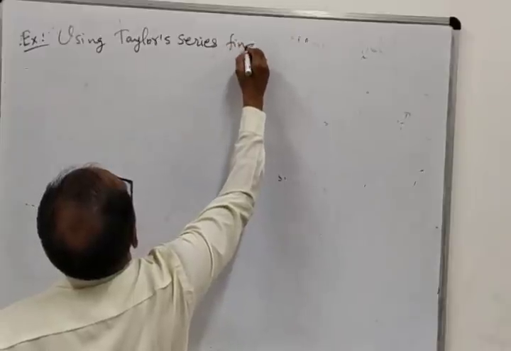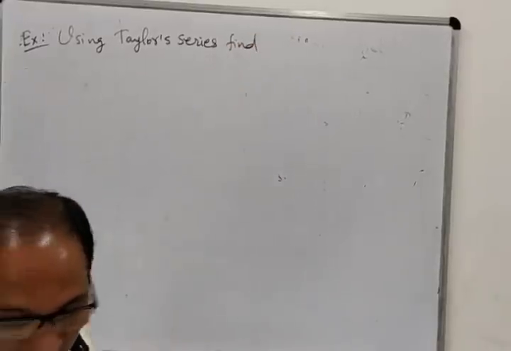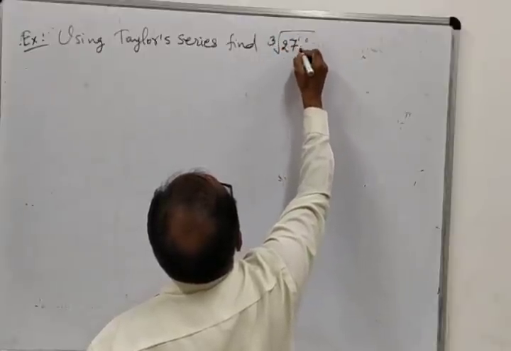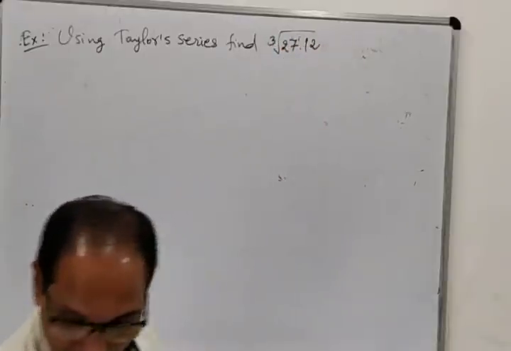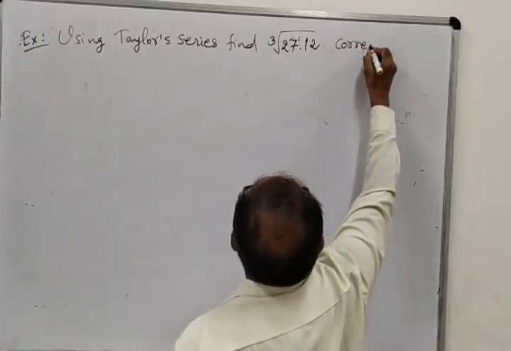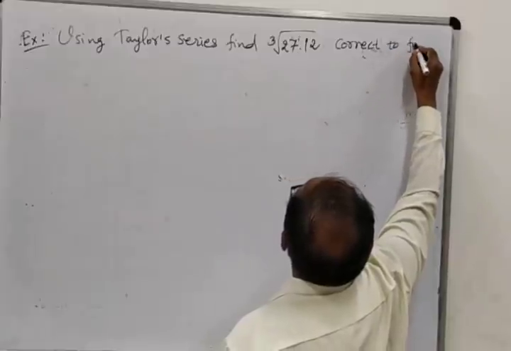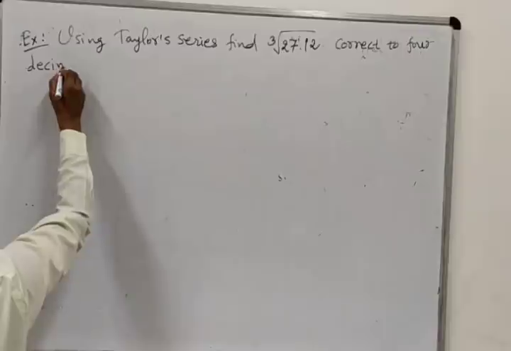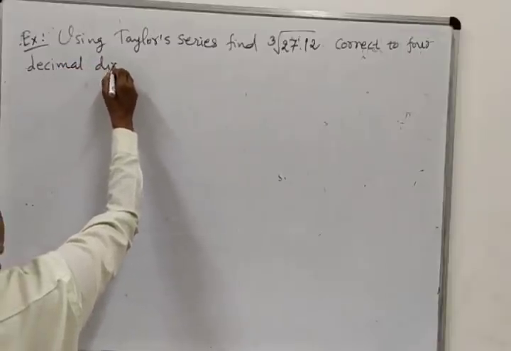Find cube root of 27.12 correct to 4 decimal digits.